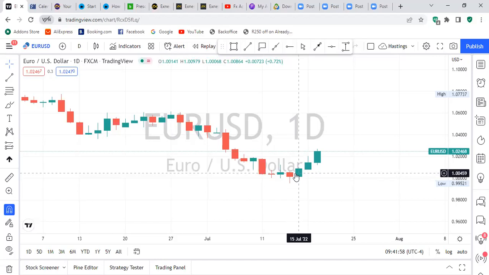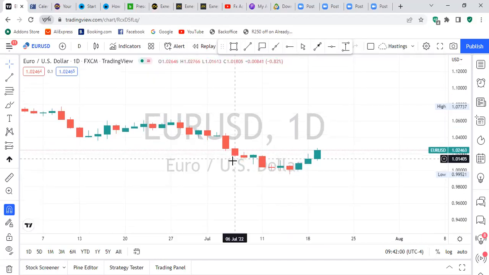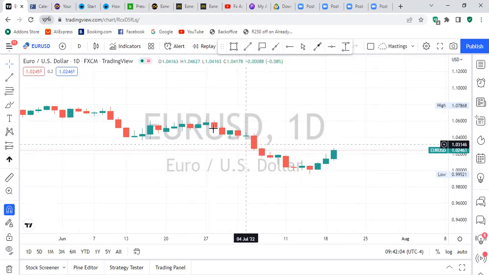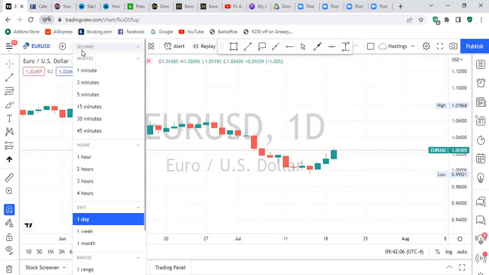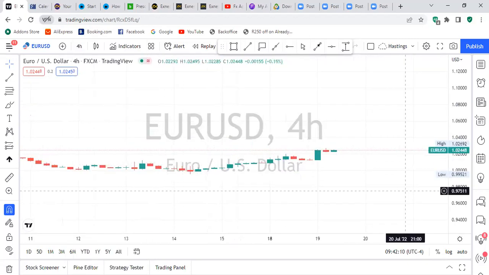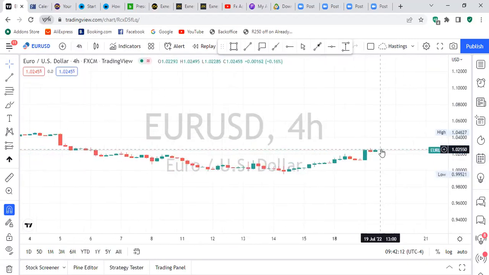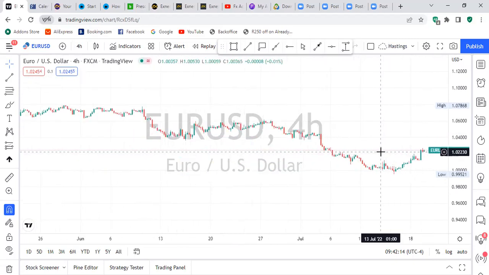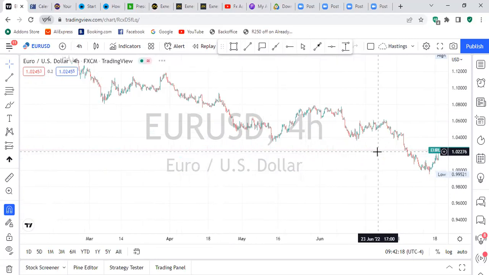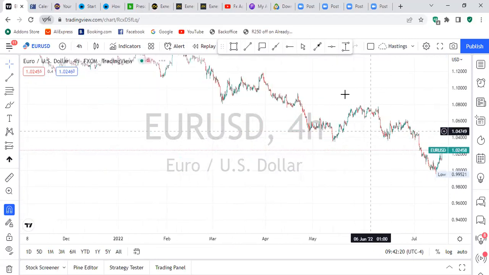How to analyze charts? Maybe let's say you are an intraday trader. You want to analyze on the 4-hour time frame. What you do now is you zoom out your chart. Maybe you're using a laptop or you've got a bigger screen.